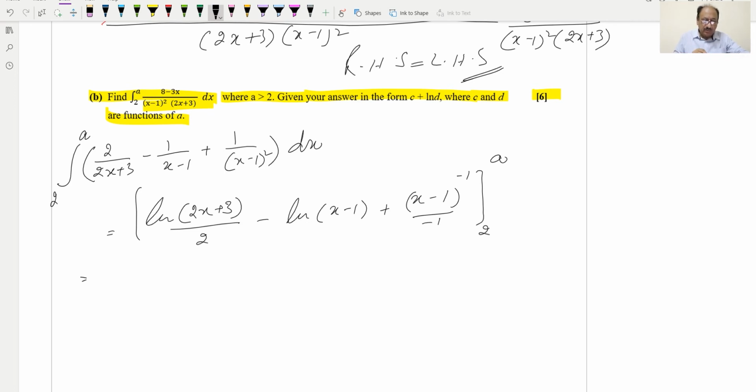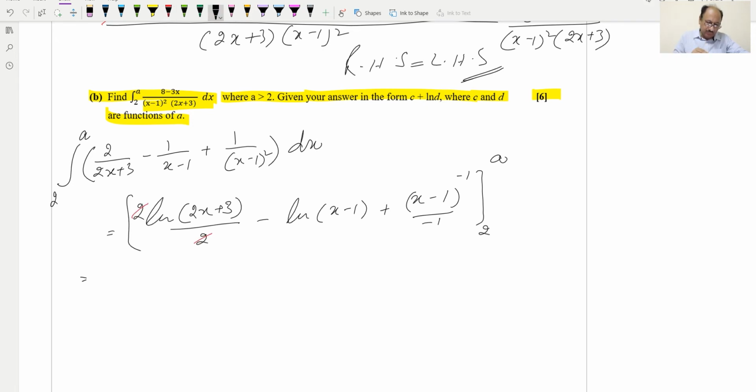Now we can replace the upper limit. The upper limit will be a. So basically we missed this 2 from here, so we can write 2 here, and this will be gone.